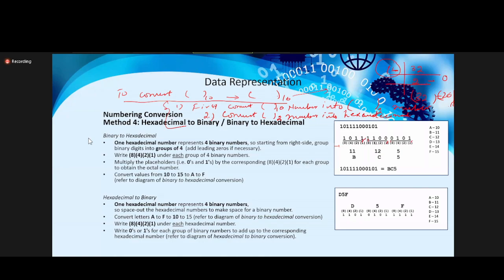Then every 4-bit nibble can be rewritten in its hex equivalent. So you use this little chart here, right? For 0 to 9, it is the same as the decimal number.